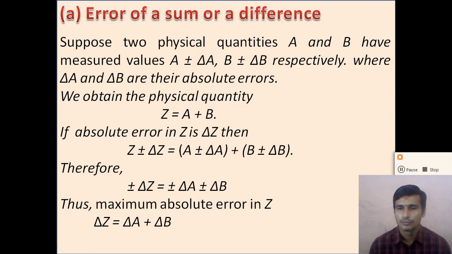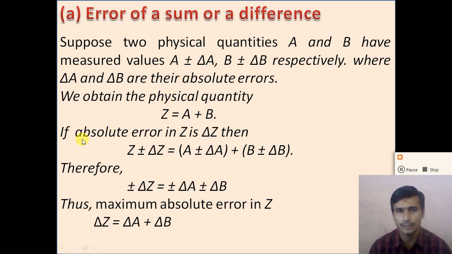Now we obtain another physical quantity which is the sum of these two physical quantities A and B. So we obtain the physical quantity Z, which is the sum of A and B. We can write Z is equal to A plus B. Now if there is some error in A and some error in B, then definitely there will also be error in Z. So what will be the error in the physical quantity Z?